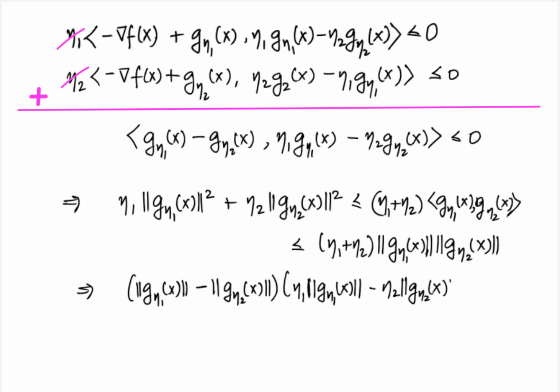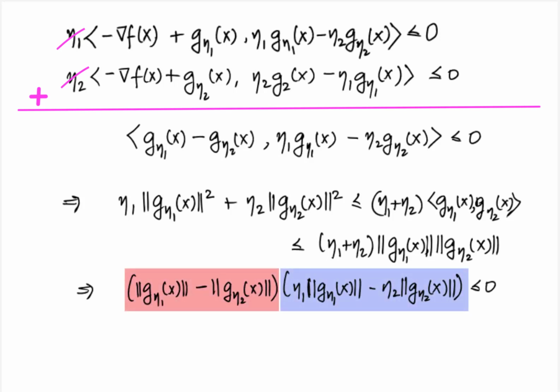So finally we have this product of two numbers which is negative, which means that one of them has to be negative and one of them has to be positive. It is already given that eta 1 is larger than eta 2. So under that condition you can verify that the only possibility is that the first term is negative and the second term is positive.